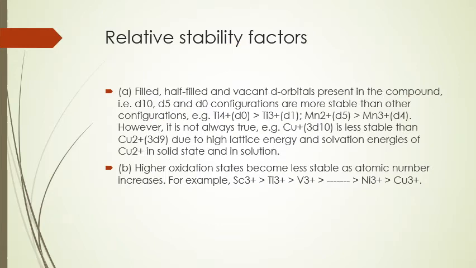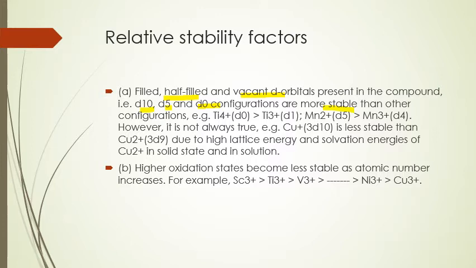The first factor is filled, half-filled and vacant d orbitals. If present in the compound, fully filled d10, half-filled d5, and d0 configurations are more stable than the other configurations.